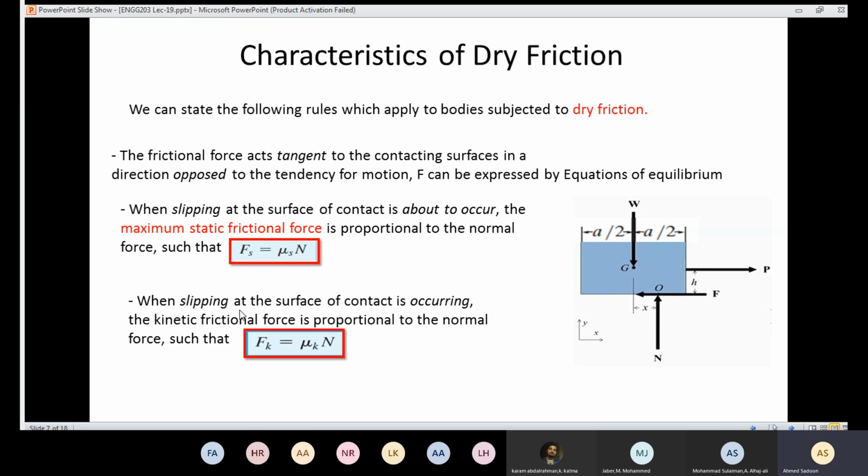When slipping at the surface is occurring, when we are going to have motion in that direction, in that case, the frictional force is going to be kinetic frictional force, and it's proportional to the normal force, like you can see here in the equation, and we have the coefficient of kinetic friction.